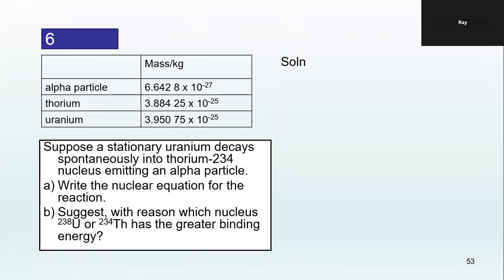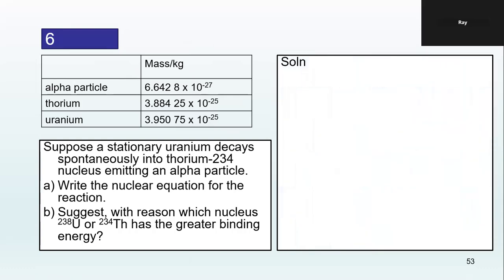Suppose a stationary uranium decays spontaneously into thorium-234 nuclei, emitting an alpha particle. Write down the nuclear equation.